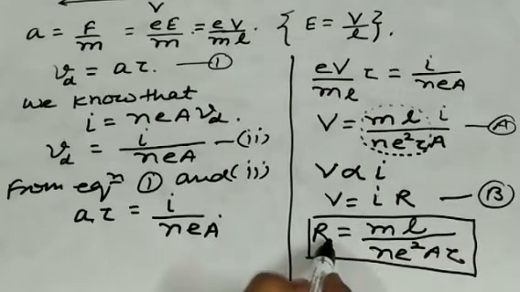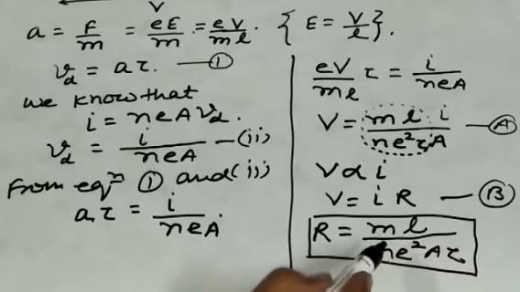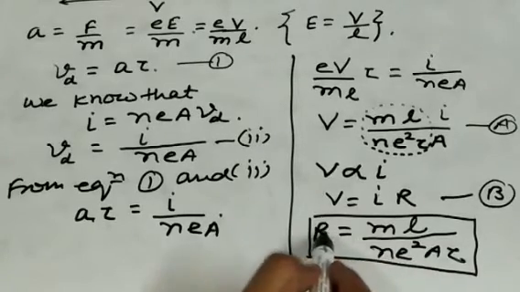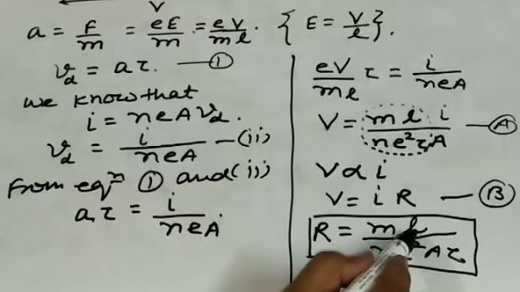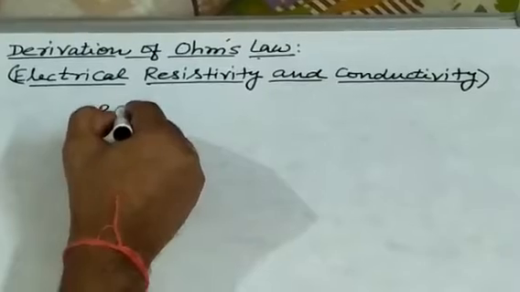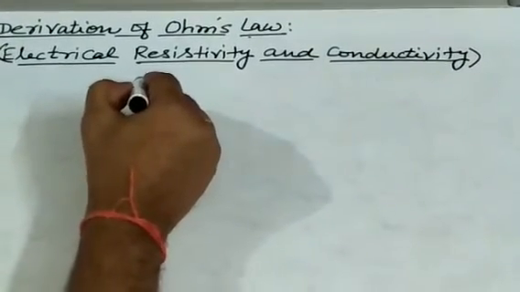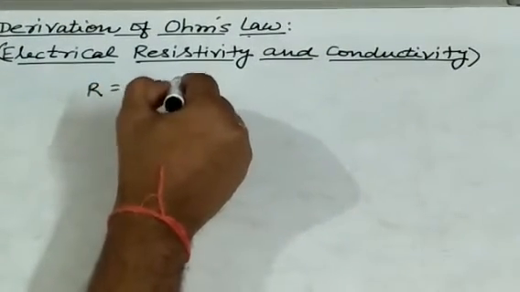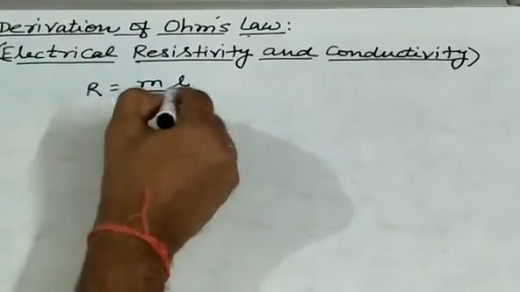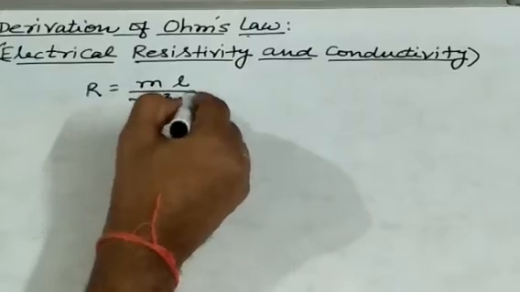And now you see here, the resistance of a conductor depends on L and A, since we can't change m, e and tau for a given conductor. So R is directly proportional to L and inversely proportional to A. So the resistance of a given conductor can be given as R is equal to mL upon n e square A tau.